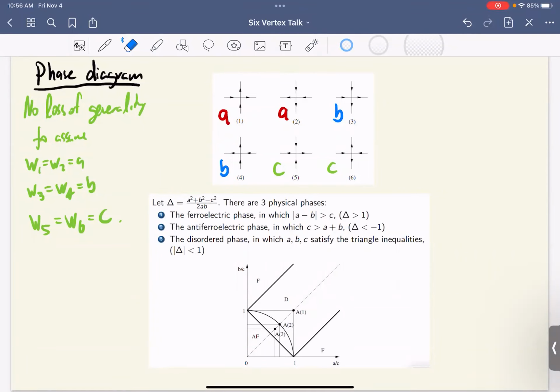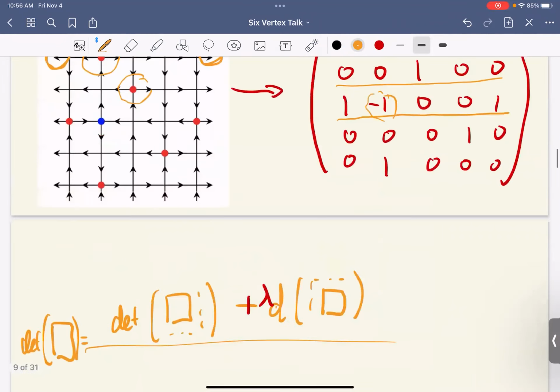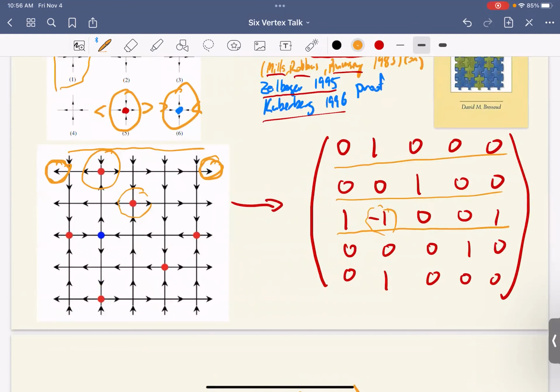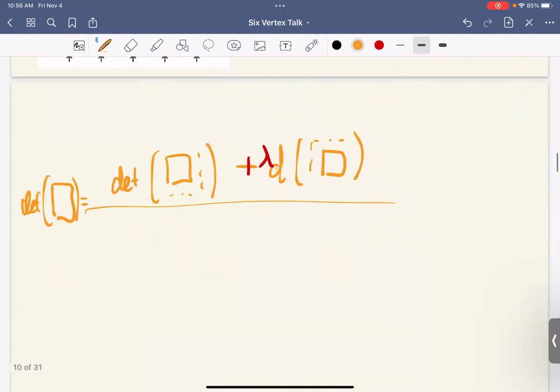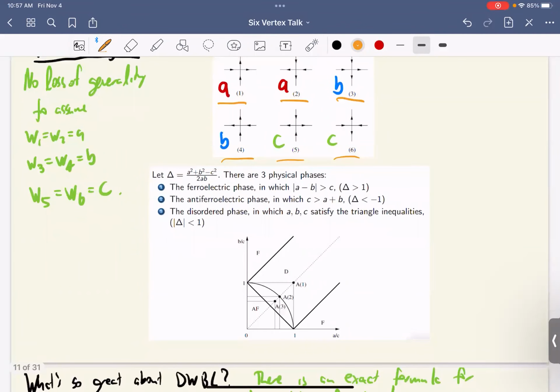So you don't lose anything by giving those the same weight, which we can call A, and the same with types 3 and 4, which I can call B. And for 5 and 6, there's not exactly the same number, but they differ by a constant, by n, so I can give those the same weight too, C. So really there are only 3 parameters, A, B, and C, and we don't lose any generality by forcing one of them to be 1. So there are really 2 parameters, A divided by C and B divided by C.